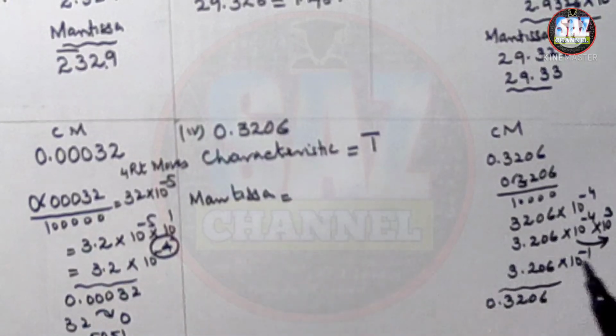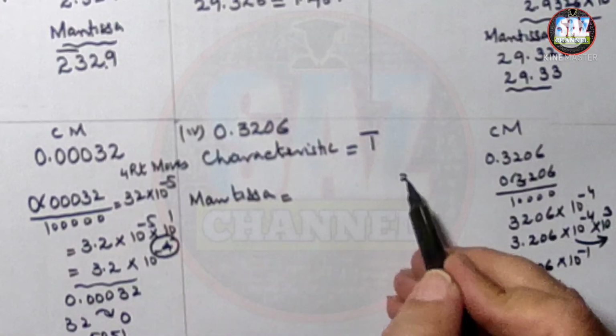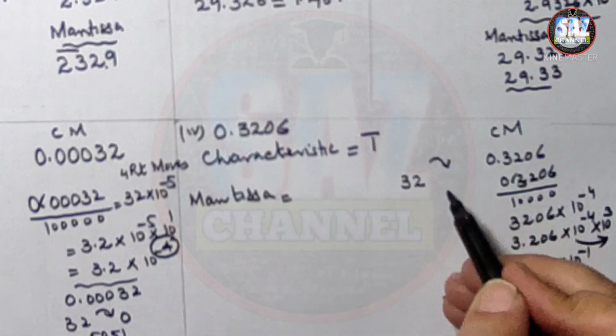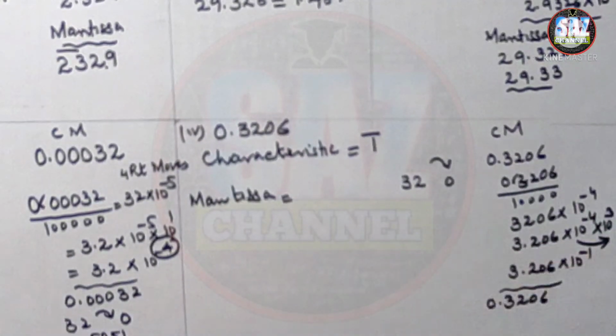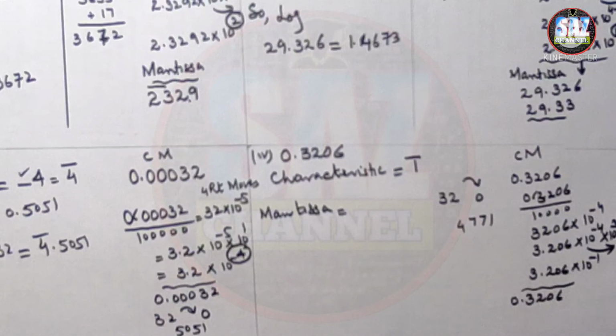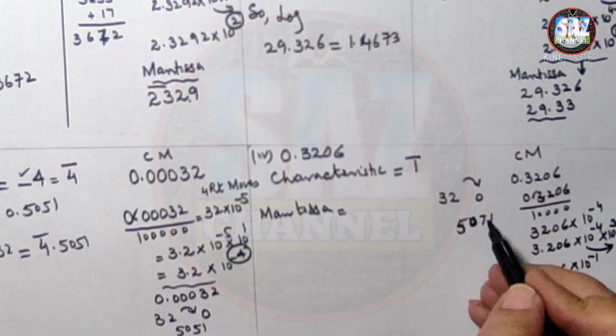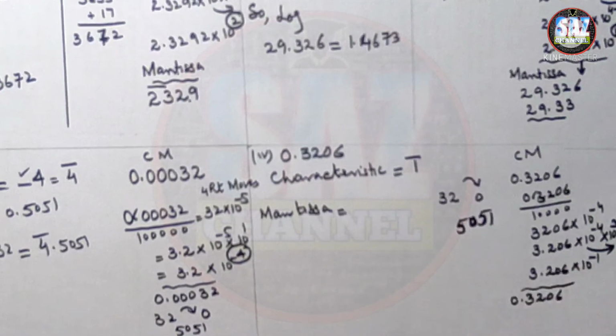And for the table purpose, we have to locate 32 first in the column of 0, and when I'm looking up the 32 in the column of 0, 5051, and then I have to locate that number in the mean difference column. What mean difference column is 6.